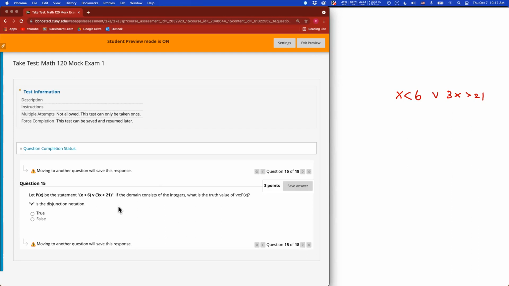Is it true that for all integers, x is less than 6 or 3x is greater than 21? We can write that as x greater than 7. So is it true that every integer will be less than 6 or greater than 7?